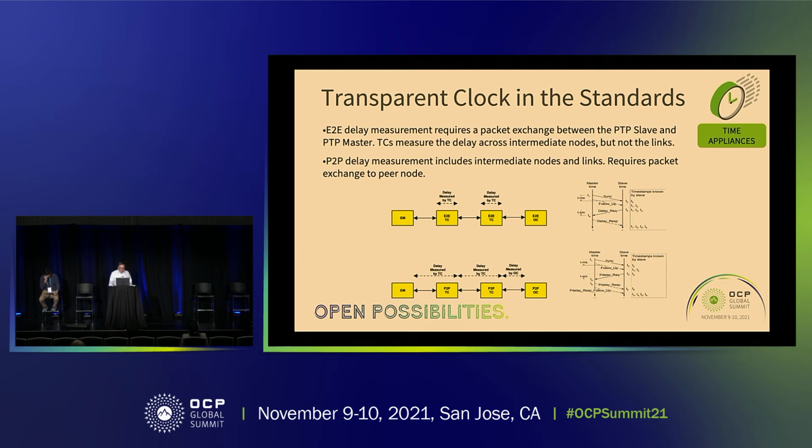In the case of the end-to-end transparent clock, it measures just the delay across itself, and the residual delay is measured by this end-to-end delay transaction between the endpoint all the way to the grandmaster. So that's the difference.